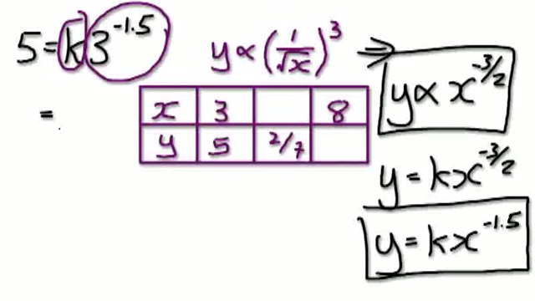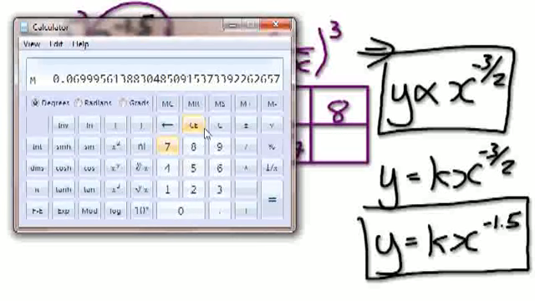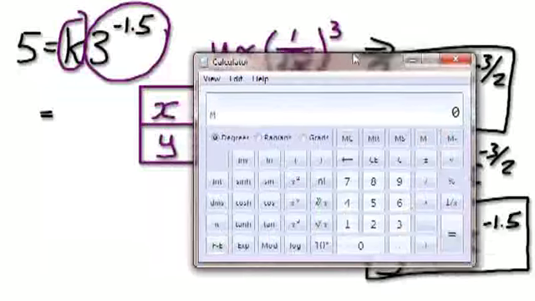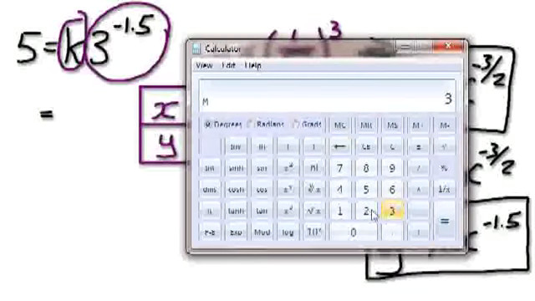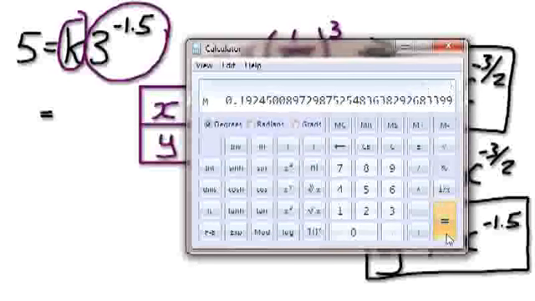So calculator. Clear this. This would basically be 3 to the power of, on my calculator, this button here, to the power of. I'm going to use brackets just in case: minus 1.5. Close it off, equals this.